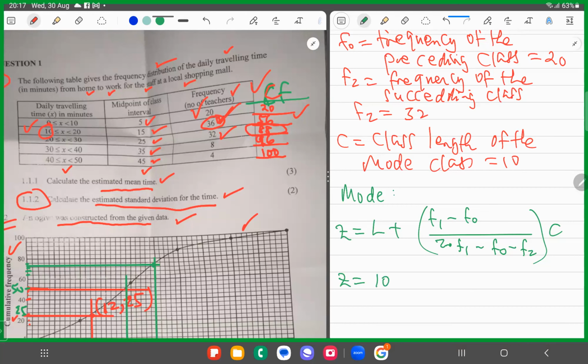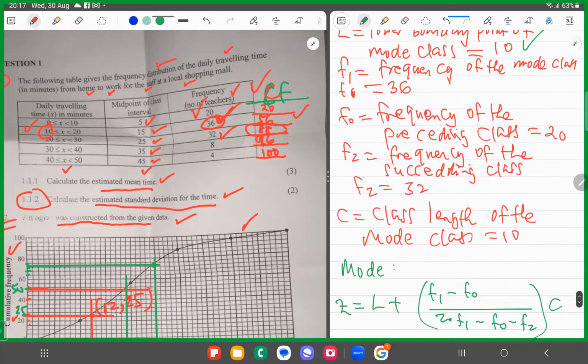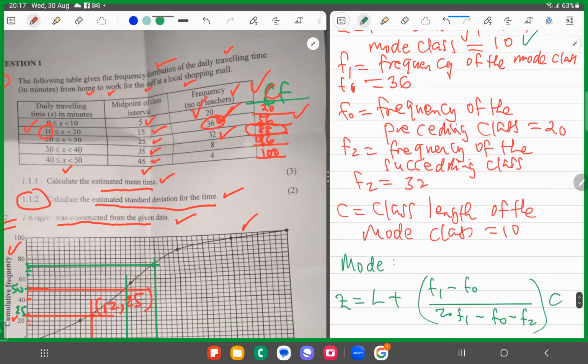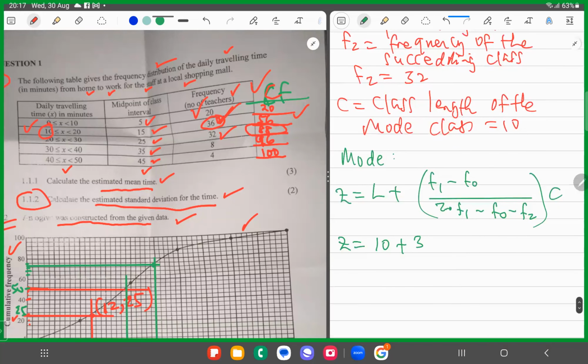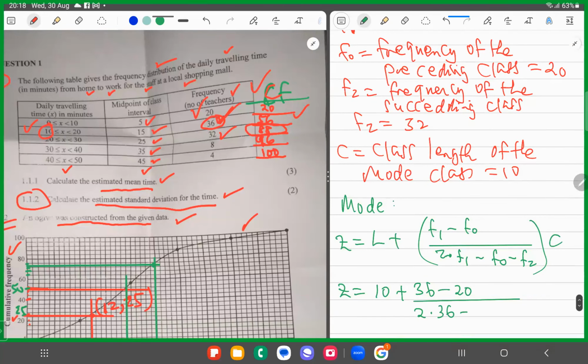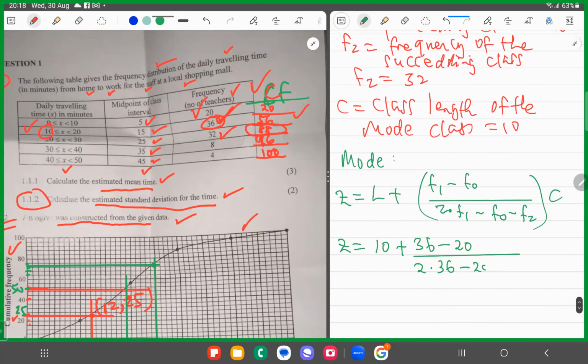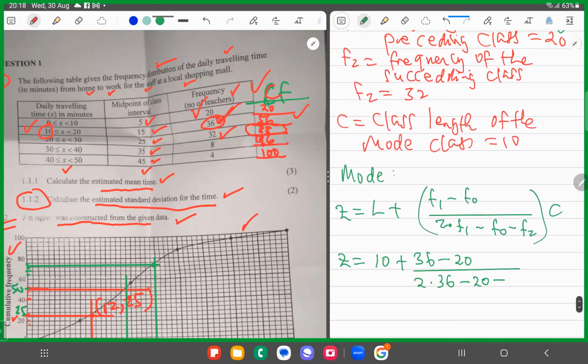So we saw that L is 10 here, plus F1 is 36, minus F0 is 20, which is 2 times F1, which is 36, minus F0, which is 20, minus F2, which is 32.